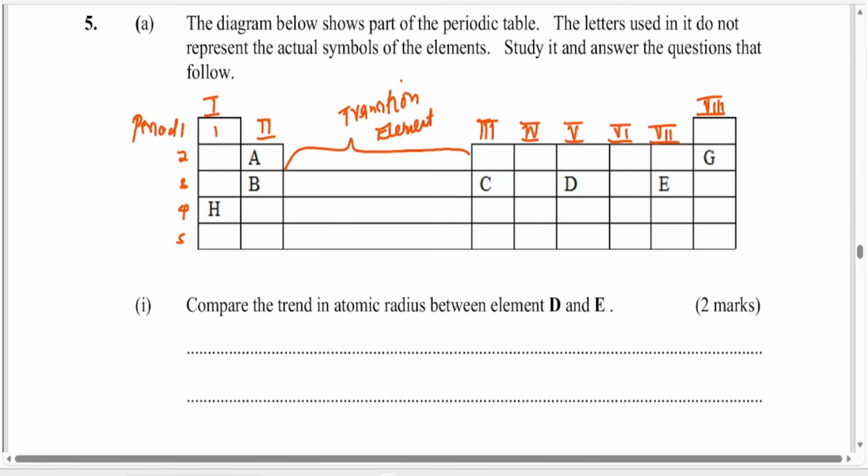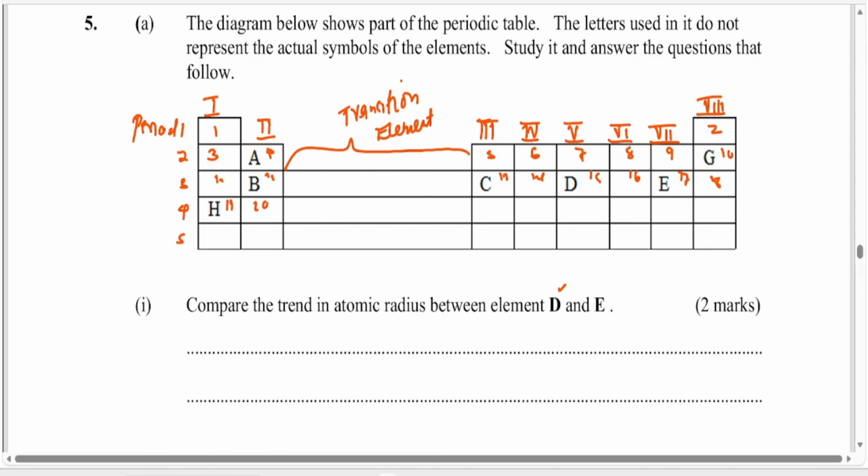It is 1 proton, 2 protons, 3 protons, 4 protons, 5, 6, 7, 8, 9, 10, 11, 12, 13, 14, 15, 16, 17, 18, 19, and then 20. We can still use the periods and the groups to identify the electron arrangement of each and every element that we have. So we compare the trend in atomic radius.